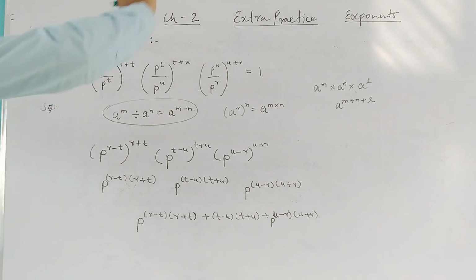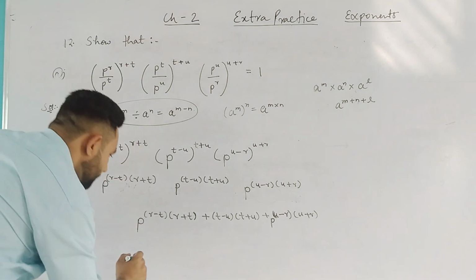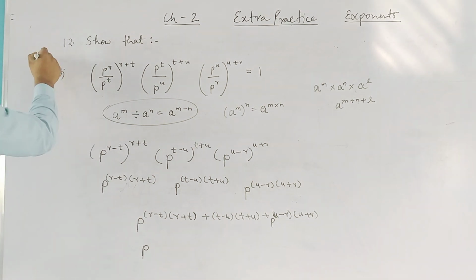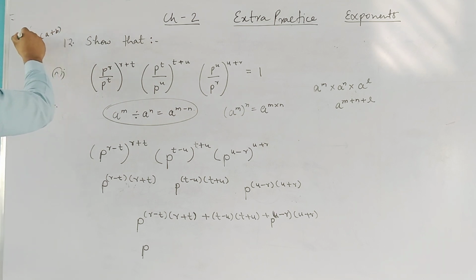Now, let's solve it. What is (a−b)(a+b)? It is not ab, it is a² − b².